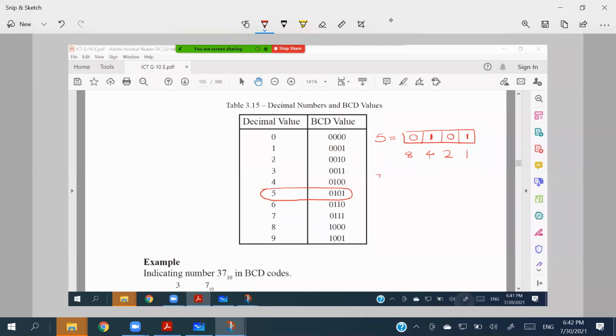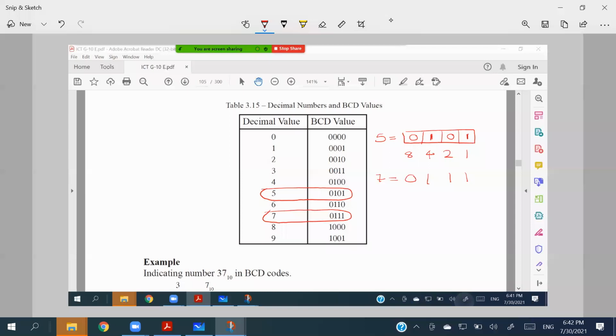If you want to indicate 7, you take 4 plus 2 plus 1 and nothing for the place which indicates 8. So likewise, they used this technique to indicate decimal values as BCD values, right?